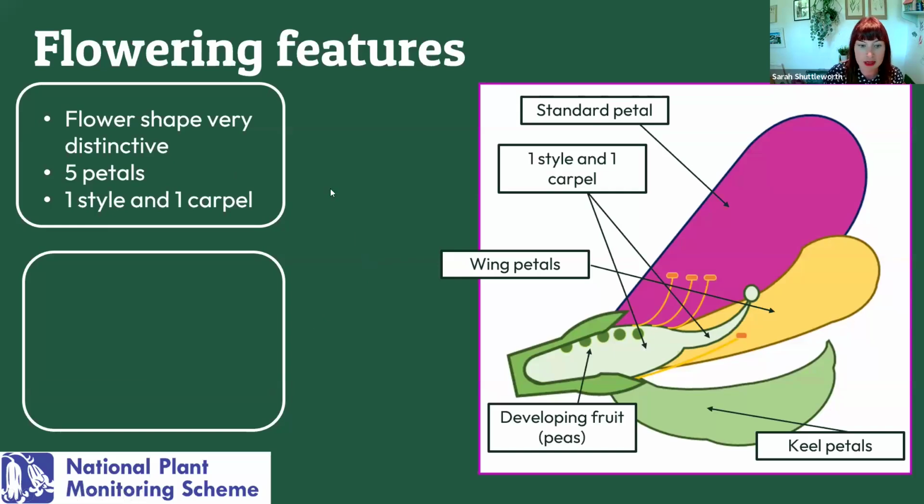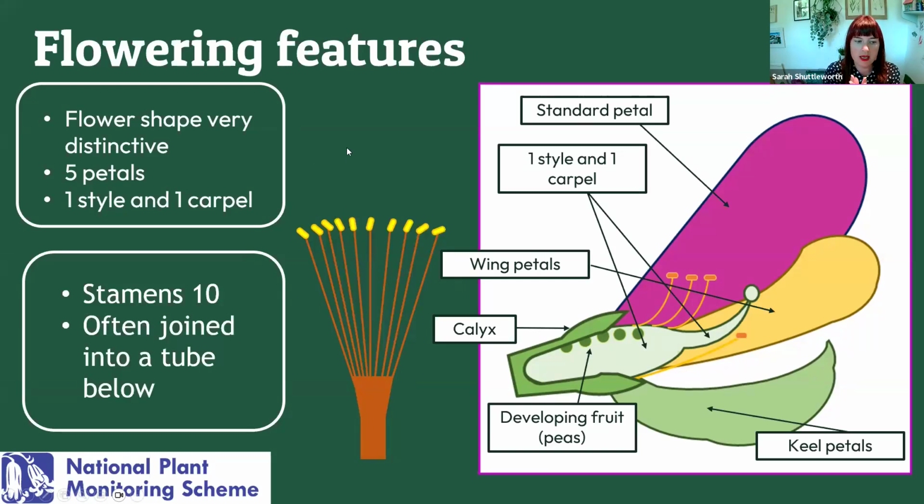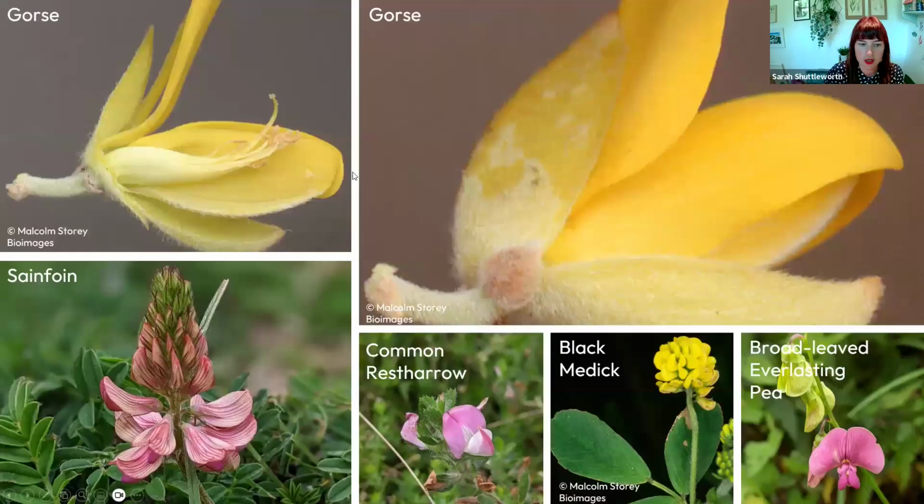And obviously in this case, it'll be the peas. The sepals have been fused to create a singular calyx, and the flowering parts then all insert into that. We've got 10 stamens altogether, and they're often joined into a tube below. I mean, it's not necessarily a major feature of this family, but that's just useful to know.